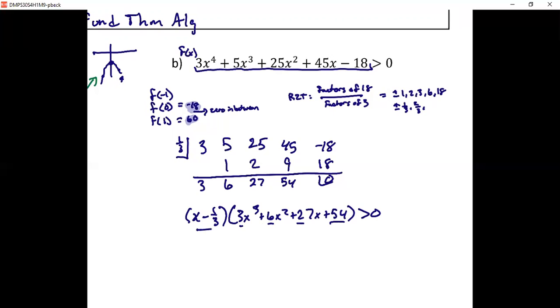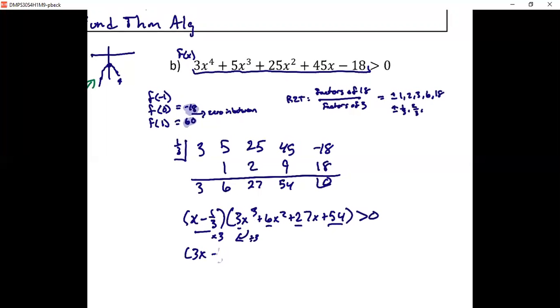And this is x minus 1/3, so it's natural to factor out the 3 and multiply the other factor by 3 to get 3x minus 1. I was doing that a little too quickly. 3x minus 1 times x cubed plus 2x squared plus 9x plus 27.